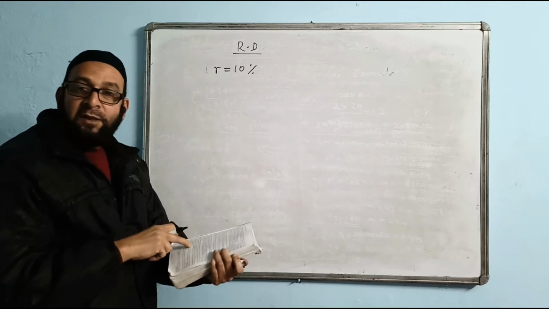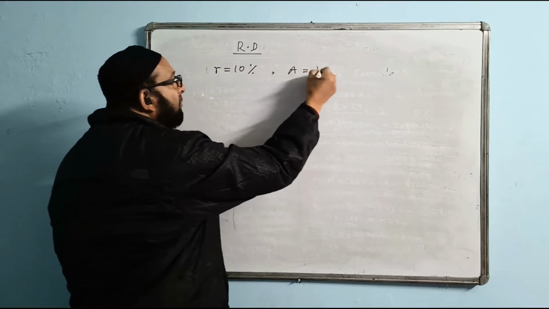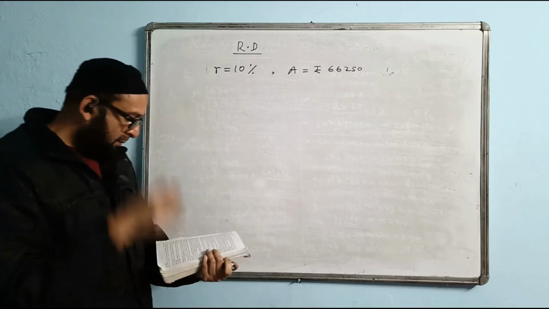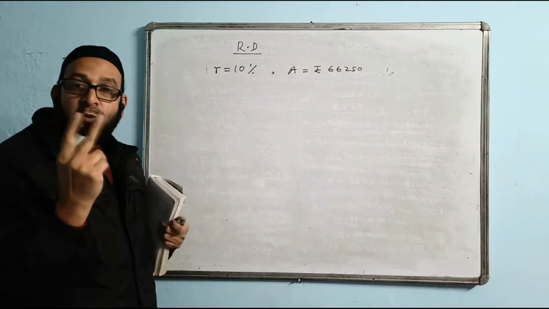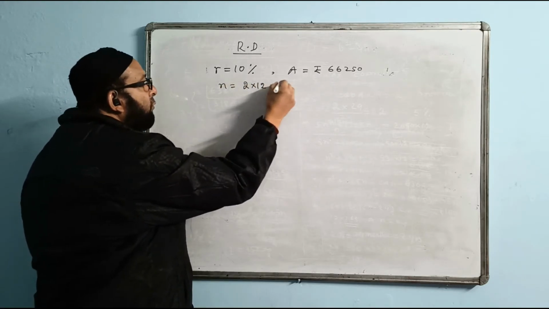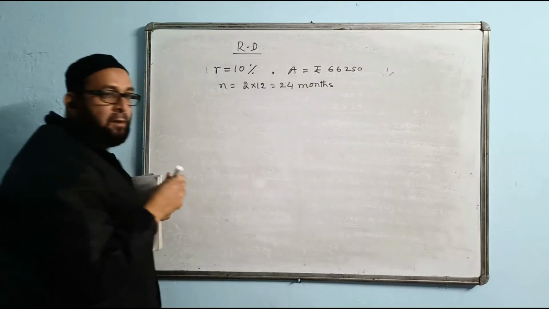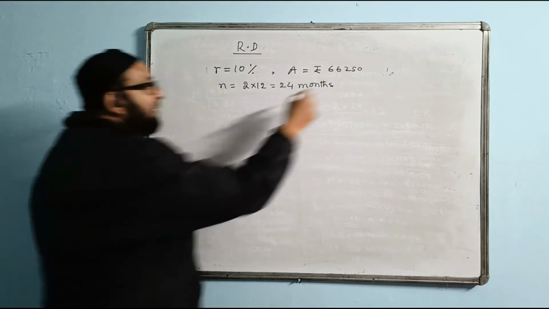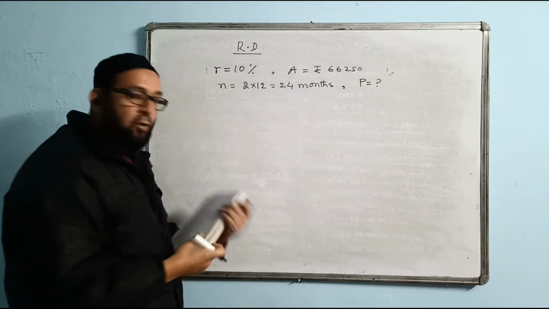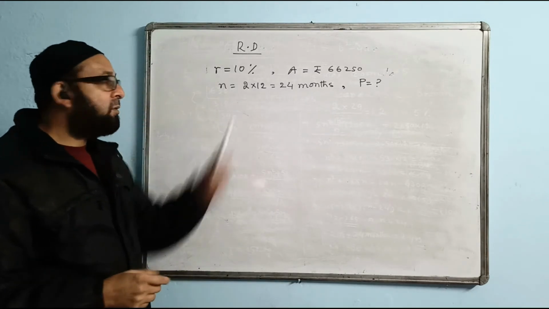And amount he received, 66250 as maturity, that is A is given, rupees 66250. Time is 2 years, that means N is equal to 2 years, that is 2 into 12, 24 months. We will immediately change in months. Question is asking you to find monthly installment, that is P is unknown. Monthly payment or monthly installment is missing and you have to calculate it. P is question mark.